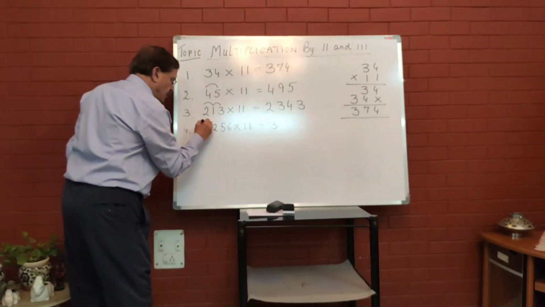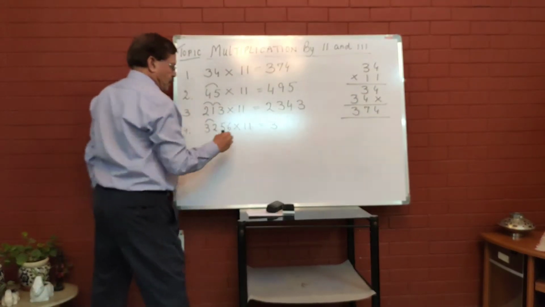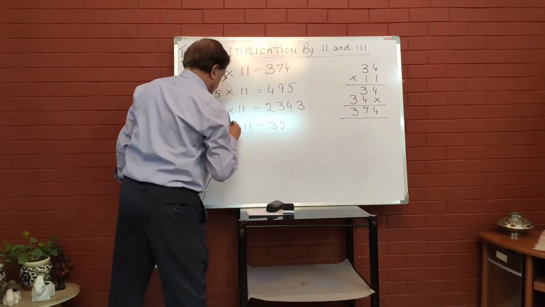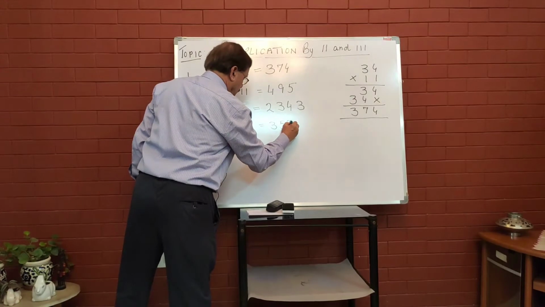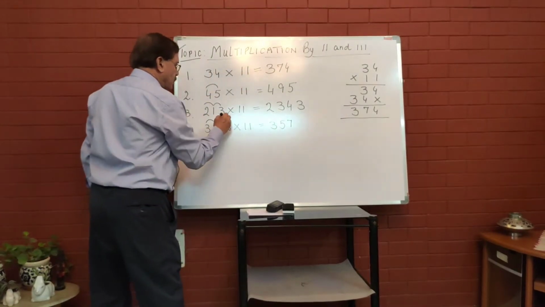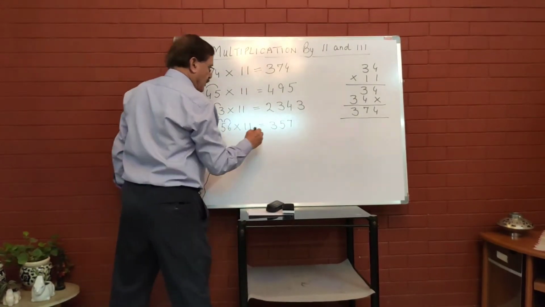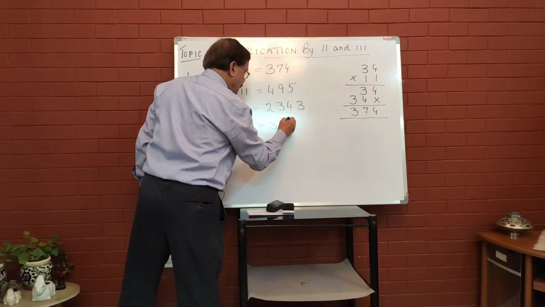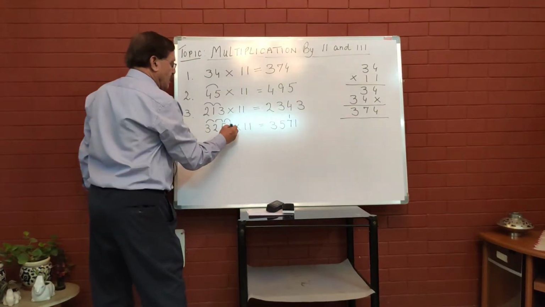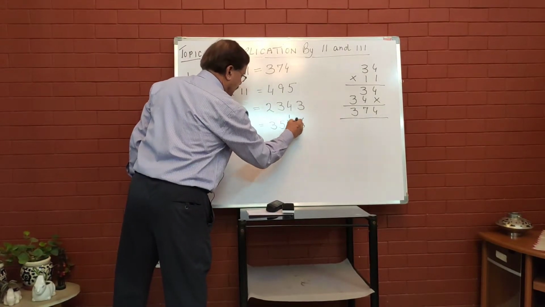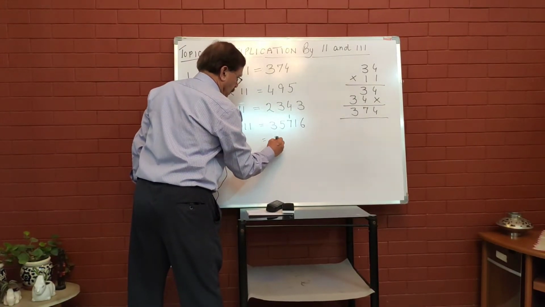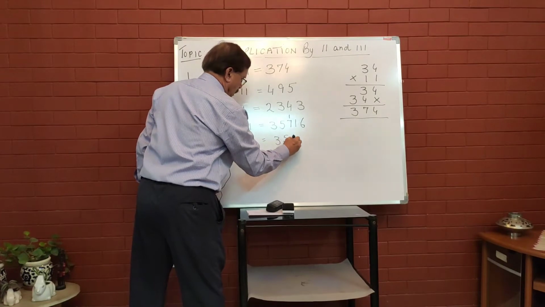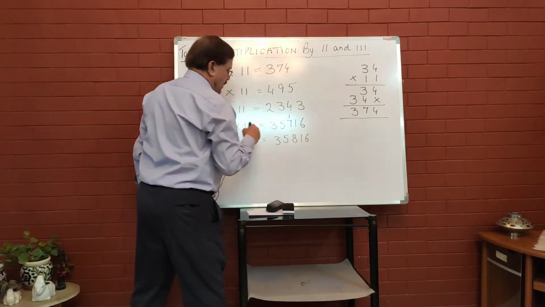The next number will be 3 plus 2, 5. Next number will be 2 plus 5, 7. Next number will be 5 plus 6, 11. 1 and 1 carry over here. And the last number will be 6. And finally, the answer which you will get is 3, 5, 8, 1, 6.